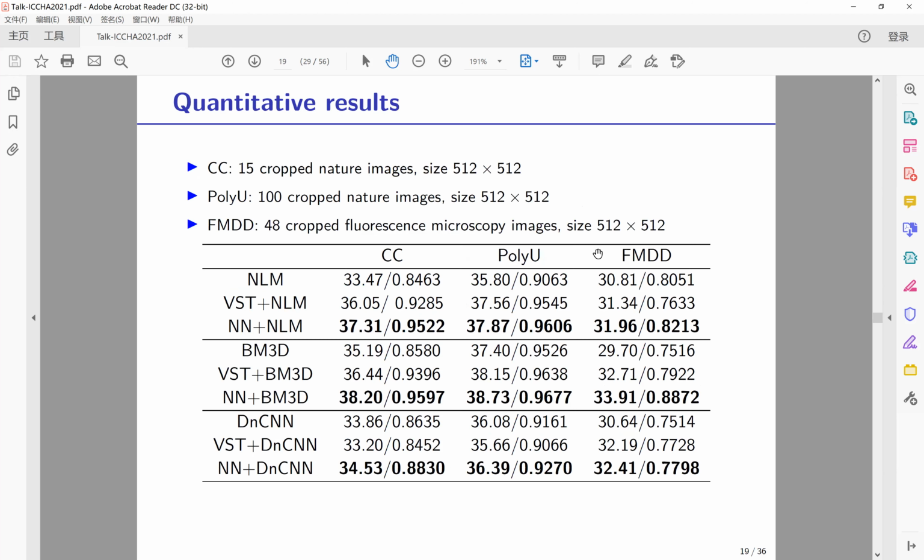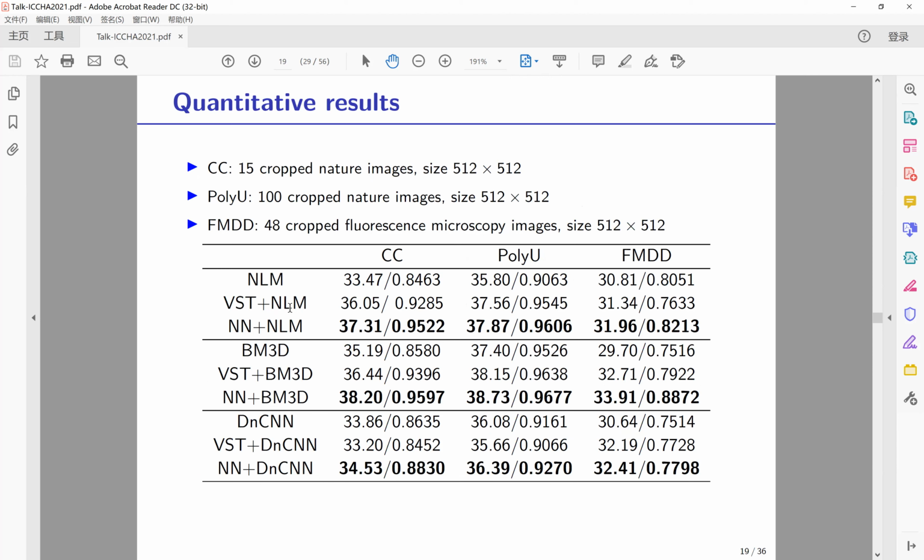So these are our quantitative results. We have applied our method to 3 datasets: 2 natural image datasets, CC and PolyU, and FMDD from microscopic images. Here we use non-local mean, BM3D and DnCNN as our Gaussian denoiser. And we also compare our method with VST plus NLM or another Gaussian denoiser.